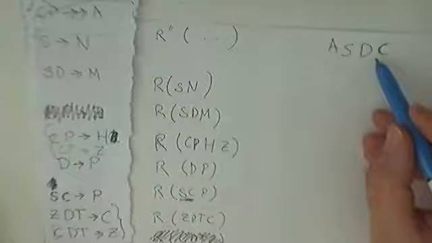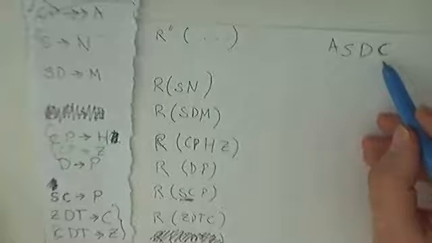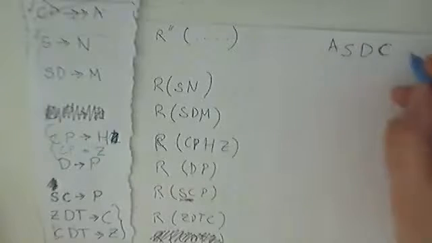Is that right? Is that a candidate key? Well, from all this, we can certainly get N and M. And then we can also get CP, we can also get P, right? Because day determines P. And then from that, we can get H and Z, right? And then SC goes, okay.